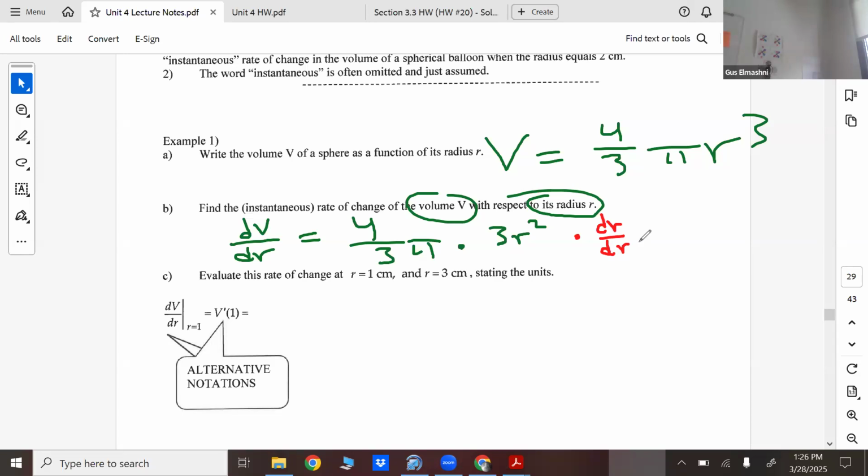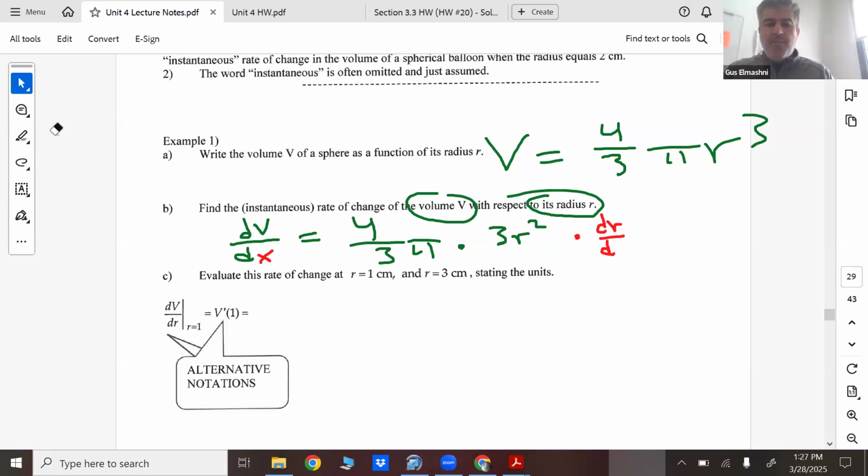Of course, when top and bottom are the same, what do you assume it is? 1, right? But what if I took the derivative of this with respect to a different variable? Let's say I'm just making up a variable, and I call it x. Take the derivative of r cubed, which is 3r squared.